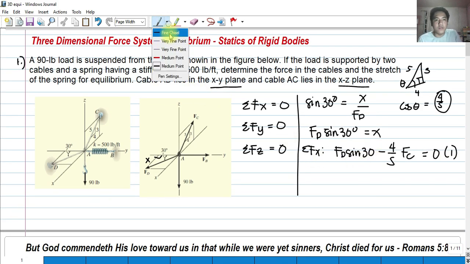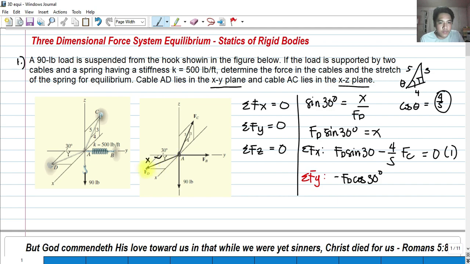So how about the summation of forces along y? Same process. We're going to resolve it. So for the summation of Fy, obviously, if this is sine 30, this should be negative FD cosine 30 degrees.